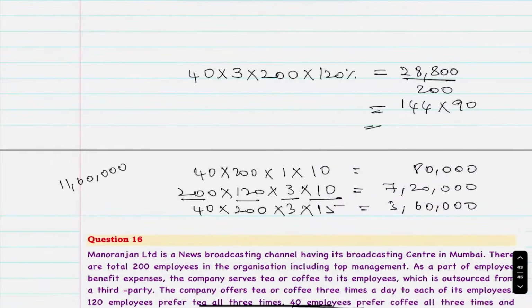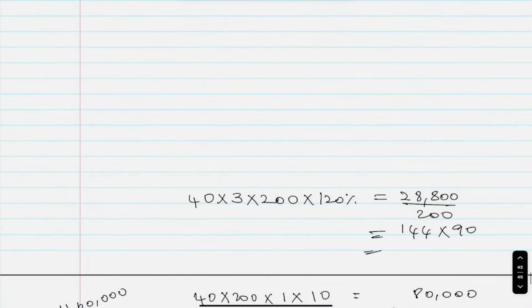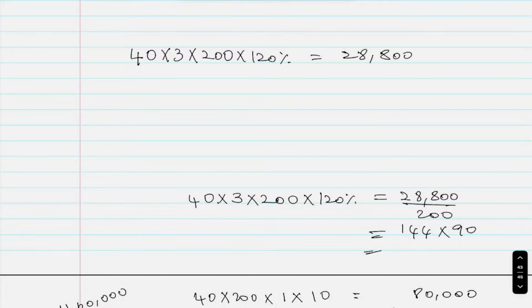How many people will consume coffee normally? How many times in a day? How many days will the company work? Because of ready availability, how much extra consumption will happen? And how much percent? So how many cups of coffee will be consumed? 28,800.